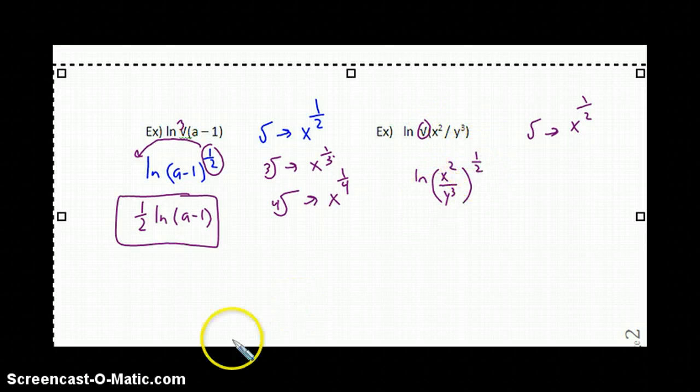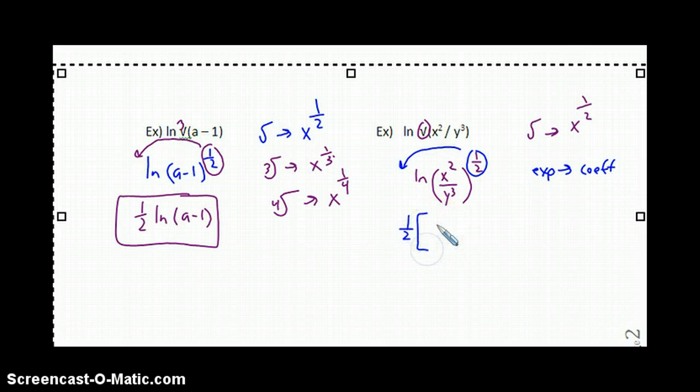So if I'm going to put it out in the front to write the exponent as a coefficient, then I want to write it as 1/2 and then a bracket of the natural log of x squared over y to the third, because this 1/2 is going with both of these terms.